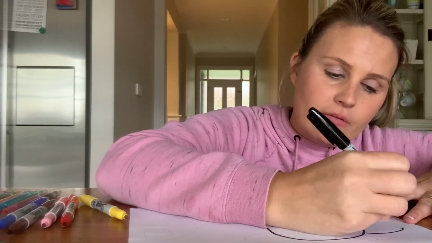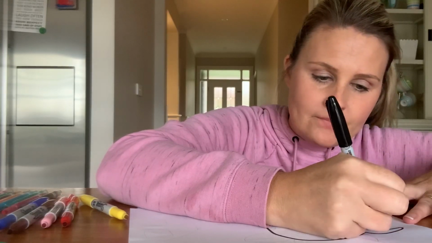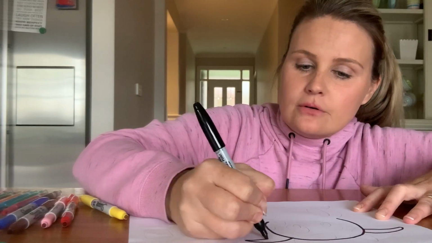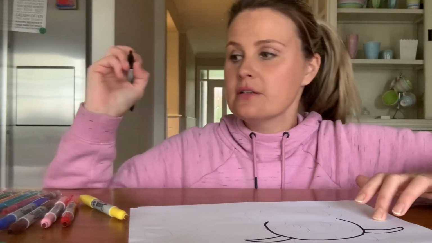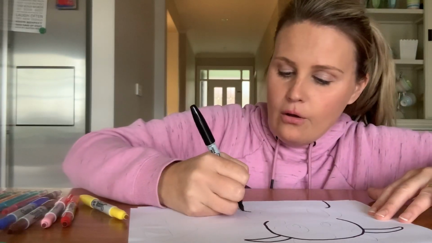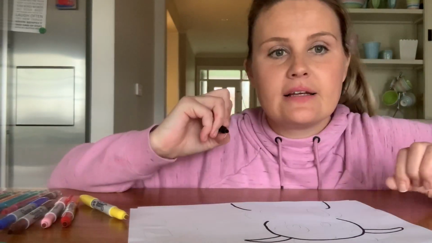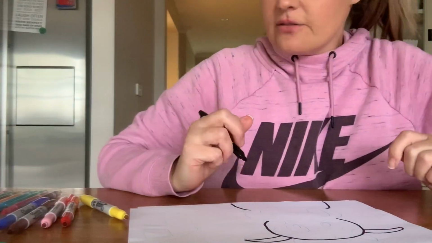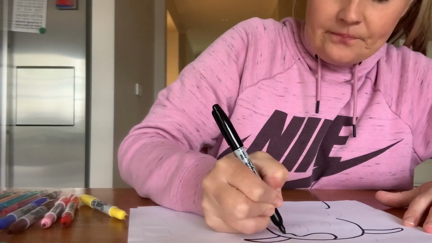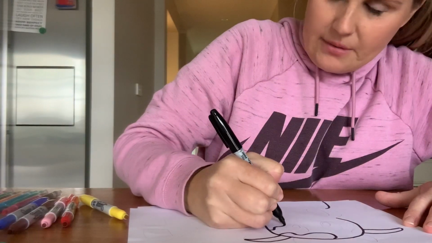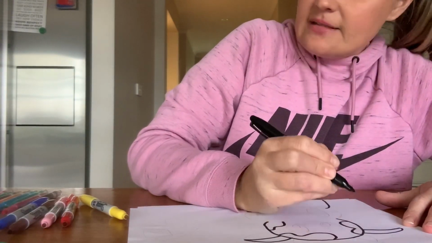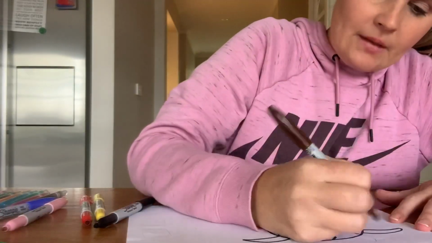You might choose to go over all of it in black and then colour it in with your pencils or your crayons, or you might choose, like me, to go over all the parts you want the different colours to be in those colours. I'm doing some patches on my cow as well because I'm going to have a black and white cow. That's the same as in the picture.